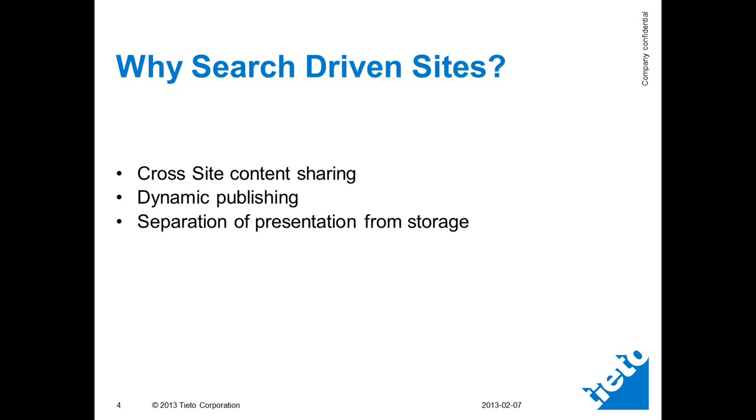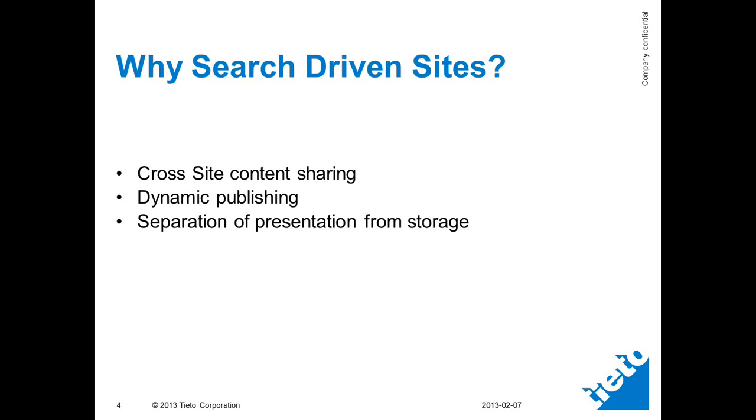The Content Query Web Part we used to have, and still have in 2010, cannot do cross-site collection. So that's where we had a limitation to address certain business requirements.